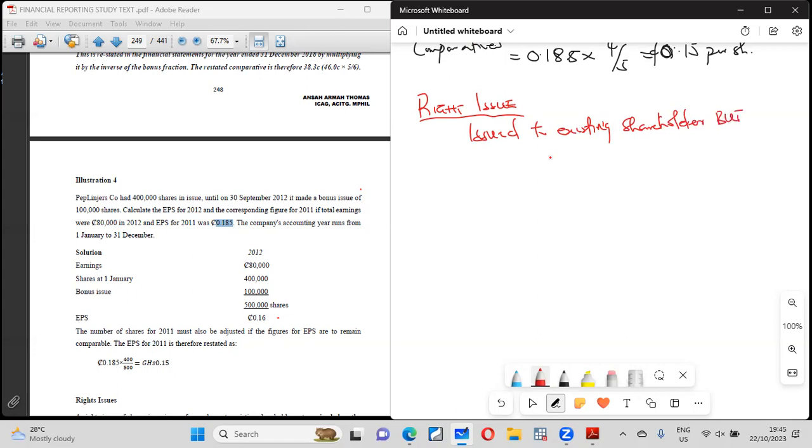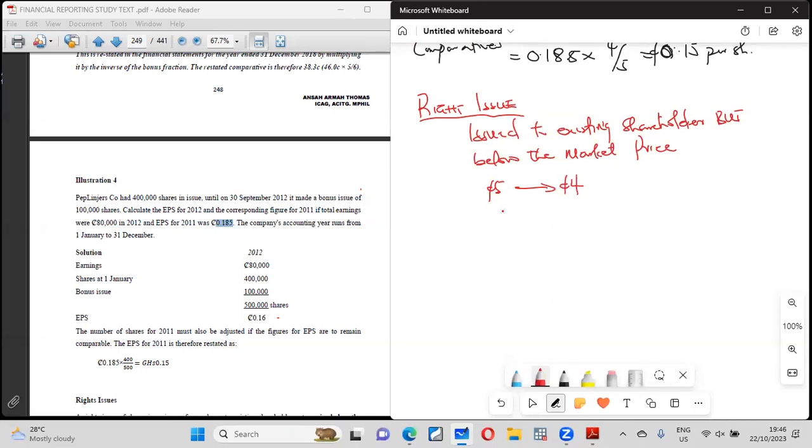But below the market price. So let me ask you a question. If the share price on the market is 5 cedis, then I give it to you at 4 cedis. What has happened?